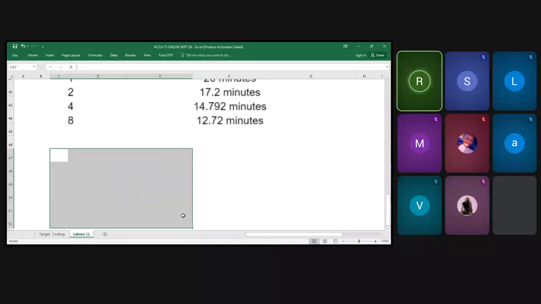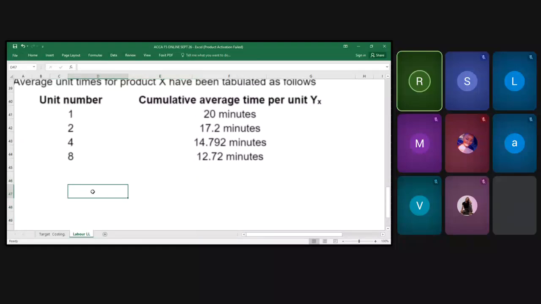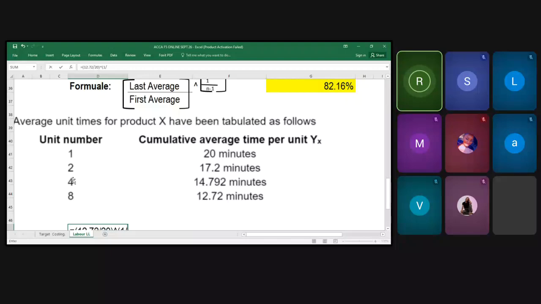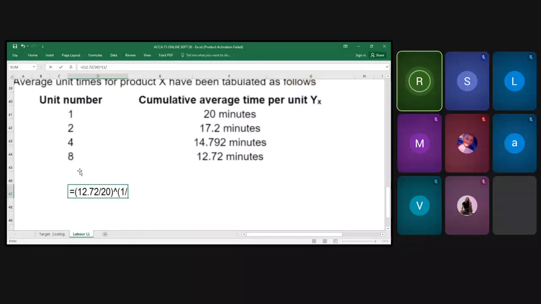So what we need to do is to take the last average, 12.72, divided by the first average, 20, close, to the power open bracket 1 divided by, I'm observing 1, 2, 3, 4. 4 minus 1, 3. Close.